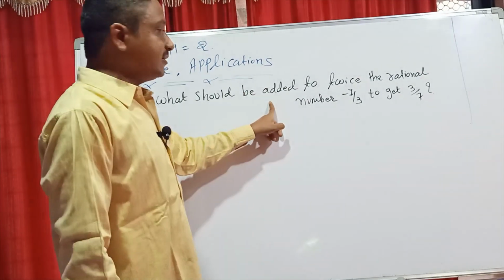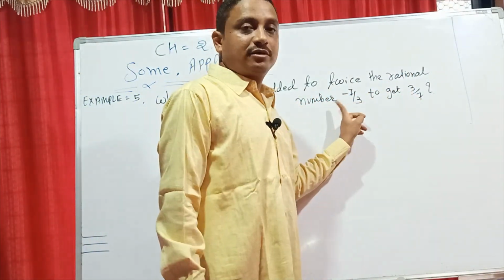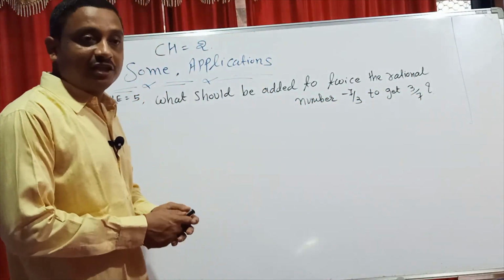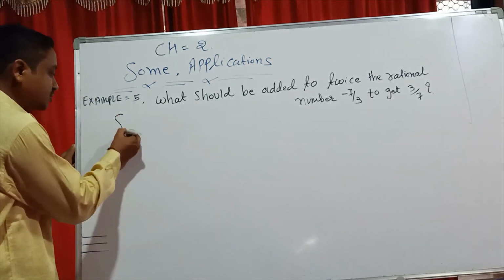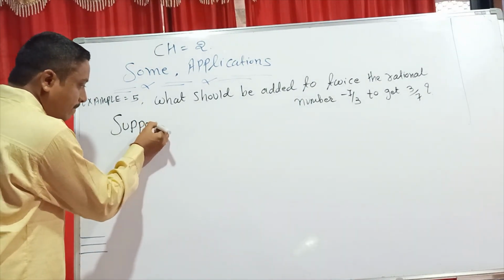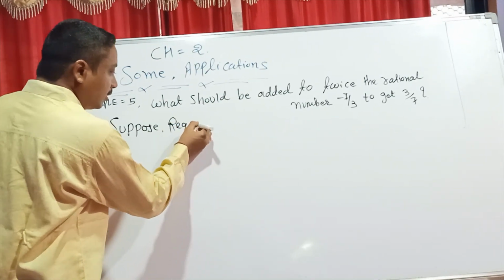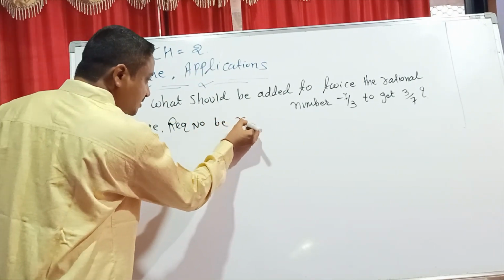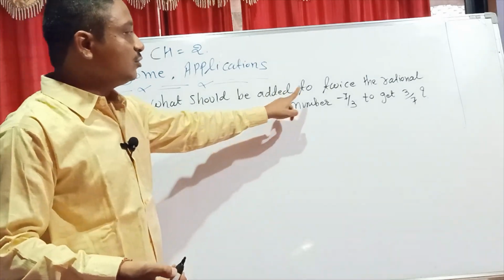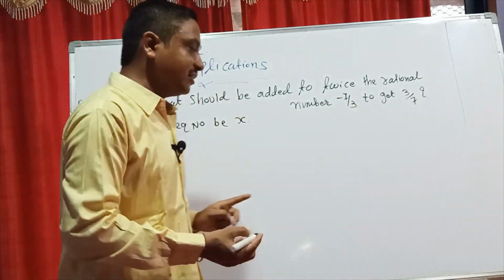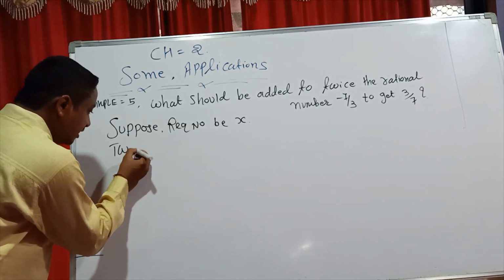What should be added to twice the rational number minus 7 by 3 to get 3 by 7? First of all, suppose we assume the required number is x.